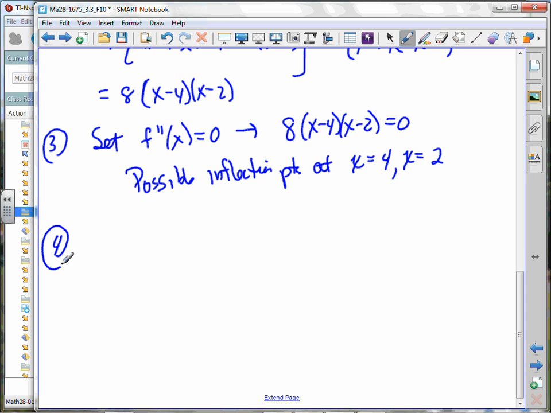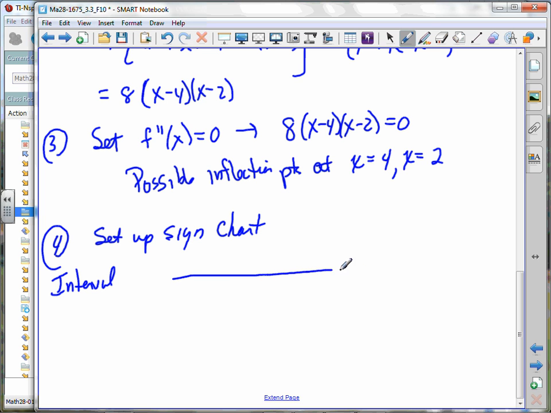Okay, so here we go. The next step then is we need to test what happens on either side of 4 and 2. So we can set up a sign chart. We look at the intervals. If this is 2, there's 4. We look at a test value.